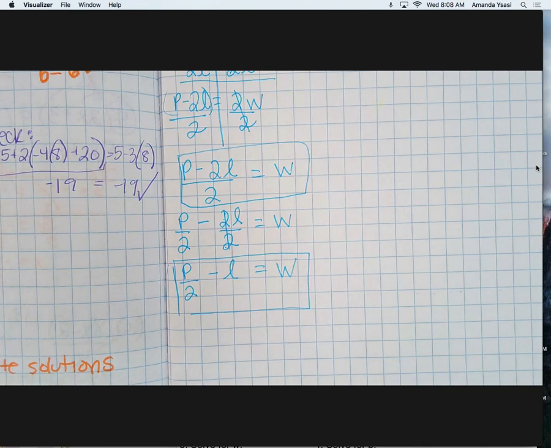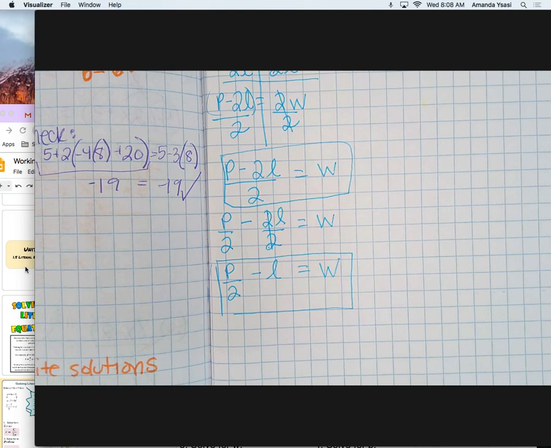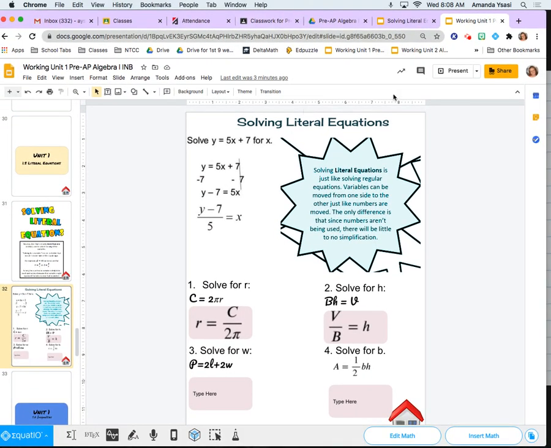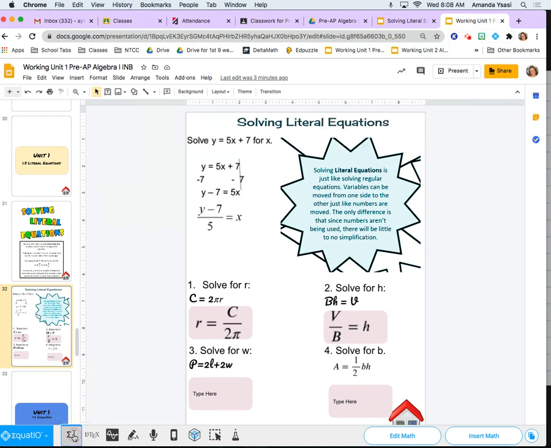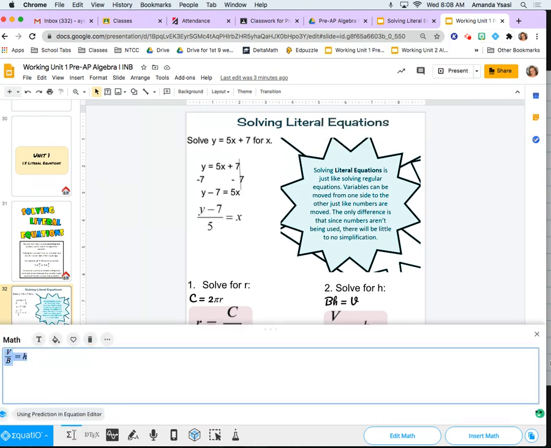Okay, so we need to type these in. So what I would do is, I want to say W equals. W equals, put parentheses, P minus 2L, close parentheses, then divided by 2. That's the only way to get that whole expression, P minus 2L, on top. And if you want to take off the parentheses after that, you can.